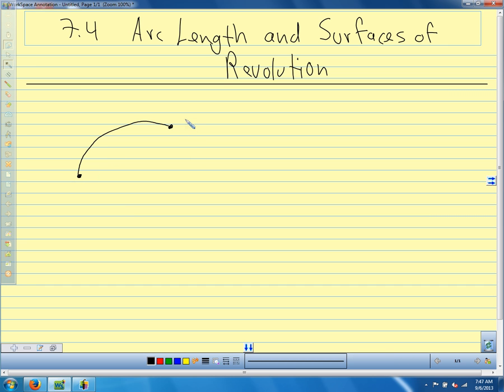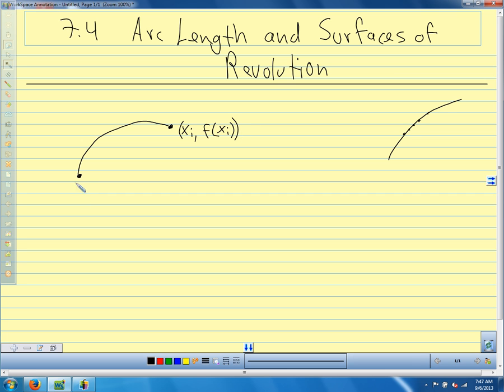We're dividing our curve into little pieces. If I draw this as a magnified view, I have just one of these pieces over here. So this point is going to be x sub i and f of x sub i.